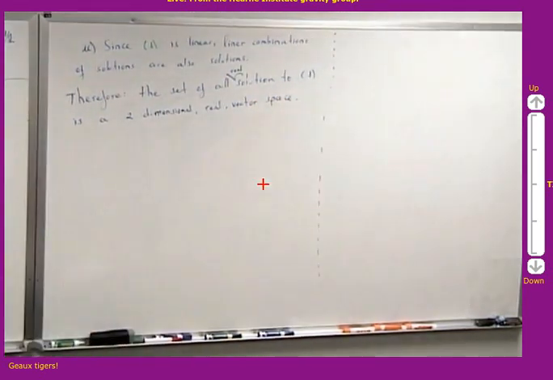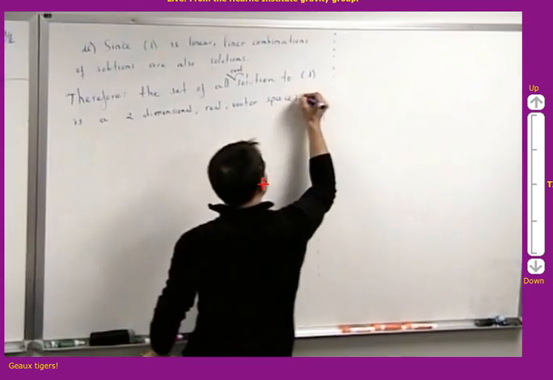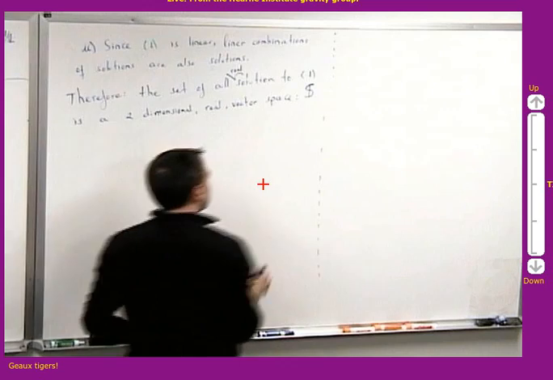And that will be very important for the rest of the class. Every time you have a linear equation, the space of solutions is a vector space. I want to call that the space of solutions with this fancy S.